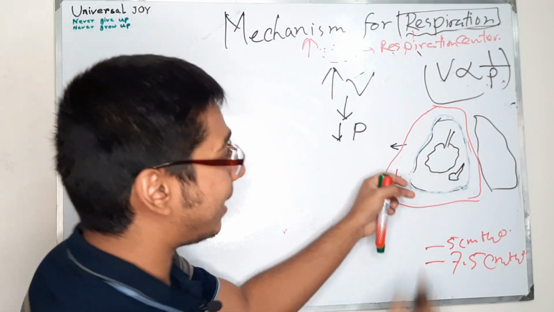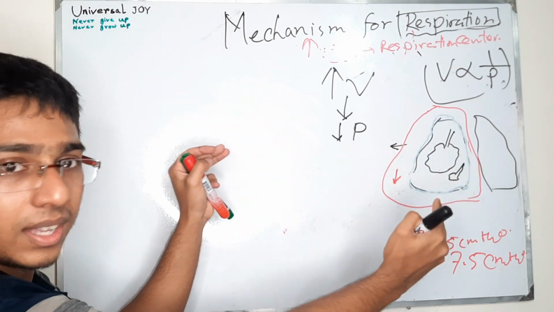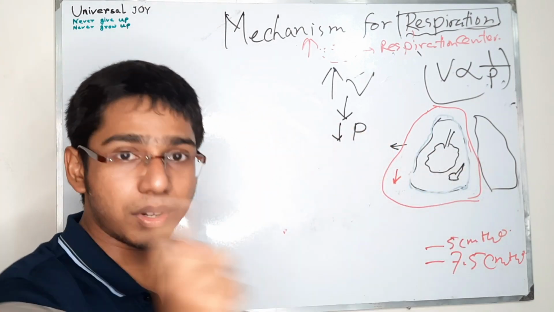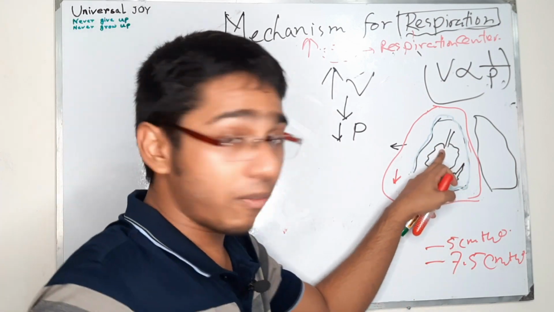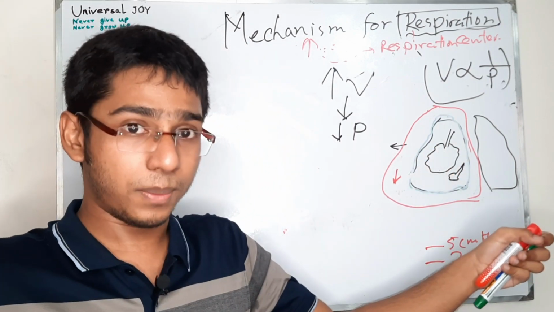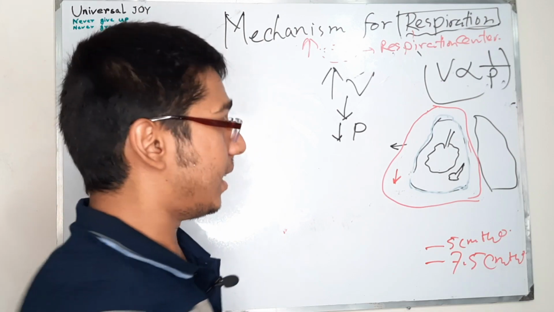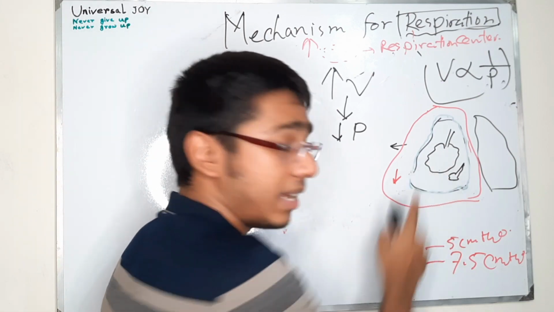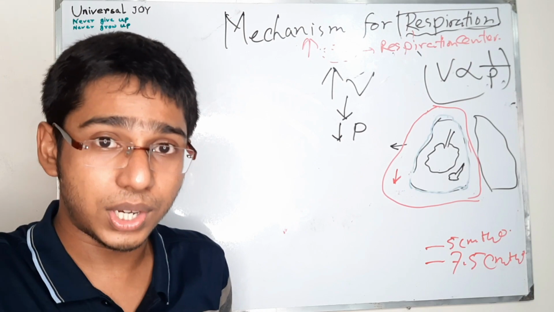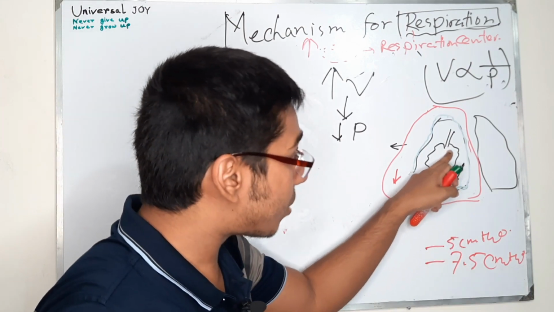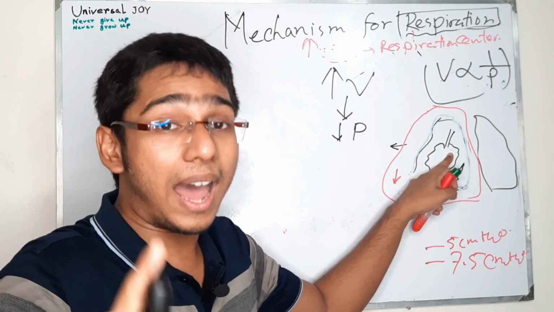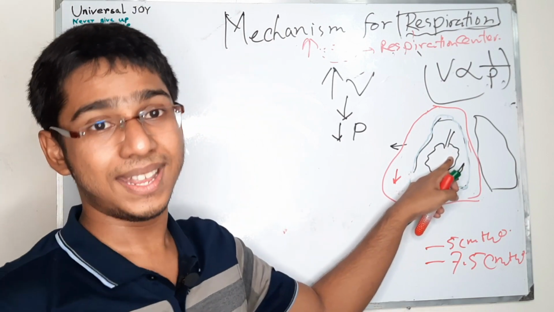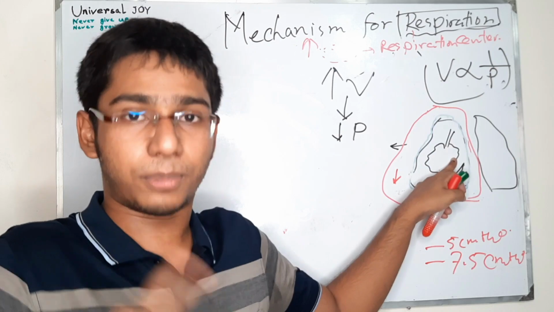Okay, that means if the lung expands because of the increase of the volume, then of course the lung alveoli will also be expanding outward. And if that happens, the space in the lung alveoli will also be increased, and then there will be a decrease of the alveolar pressure also. And that pressure is called intra-alveolar pressure.